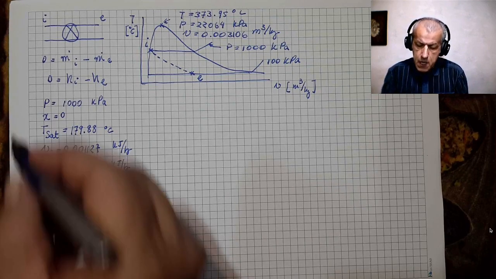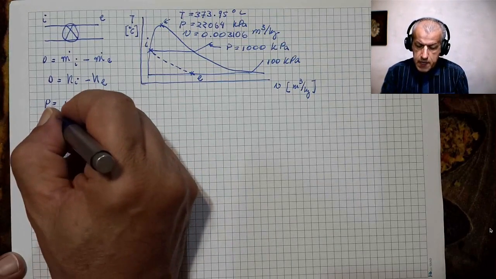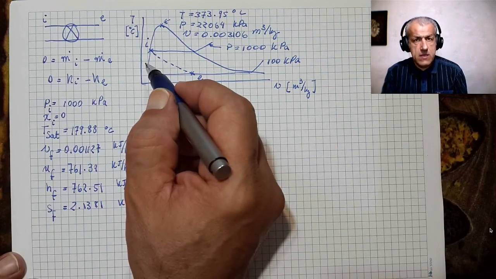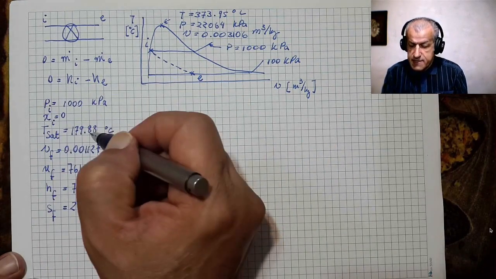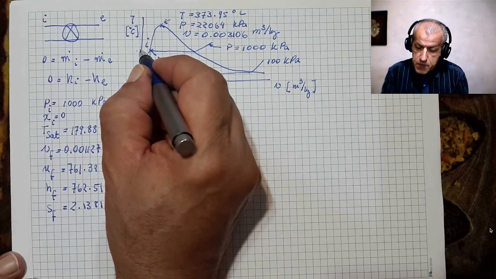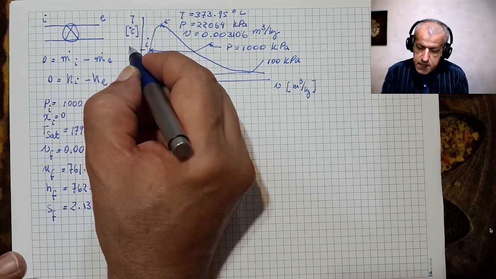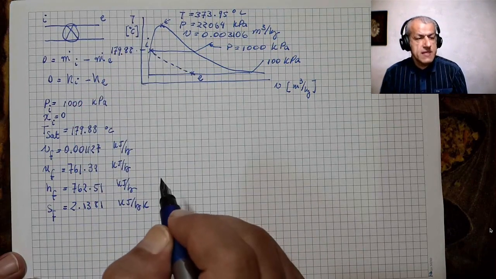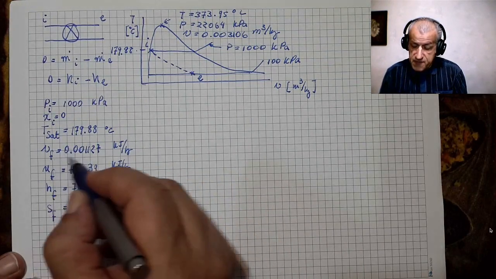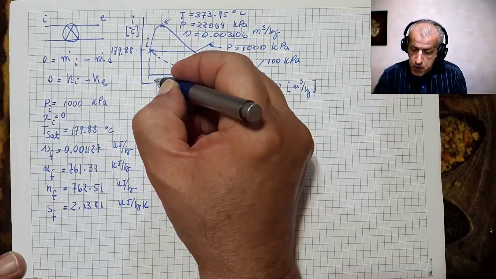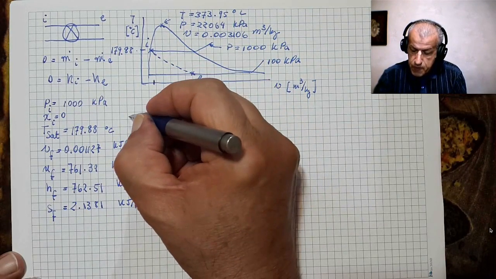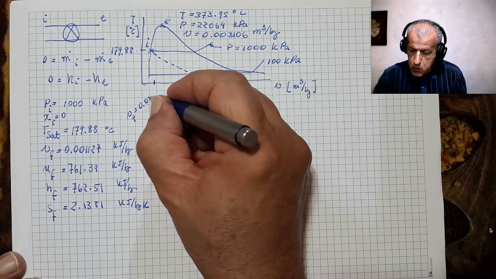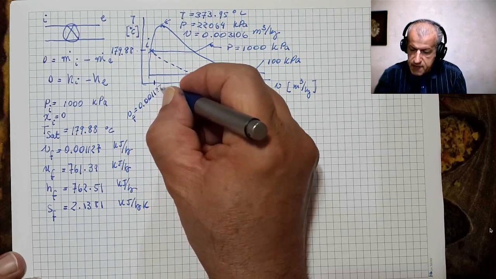This is point I, where P_I is 1,000 kilopascals, x_I equals 0, which is saturated liquid, T_sat for it, which is this point, is 179.88 degrees C, and other properties, v_f, which is this one, v_f equals 0.001127.